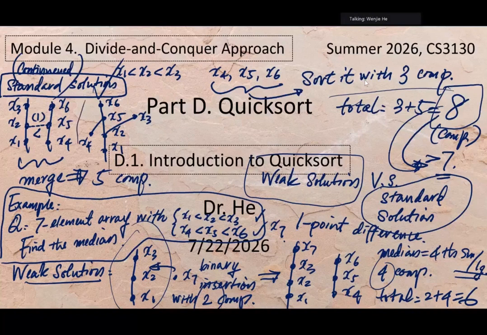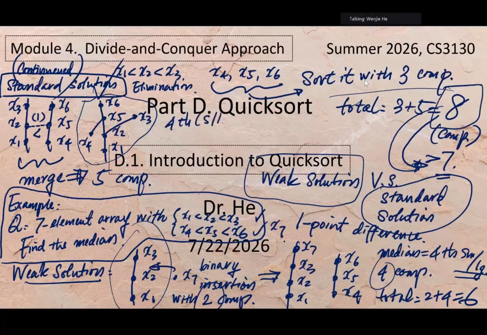With this diagram, let's do elimination. We want the fourth largest, because the median is the fourth, largest or smallest, from either side.